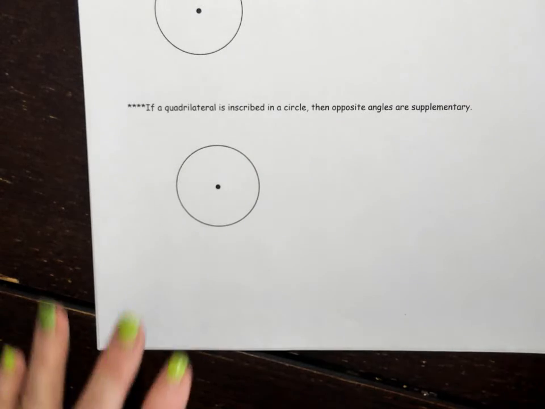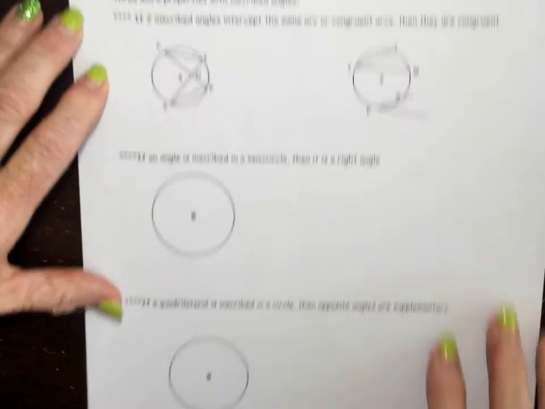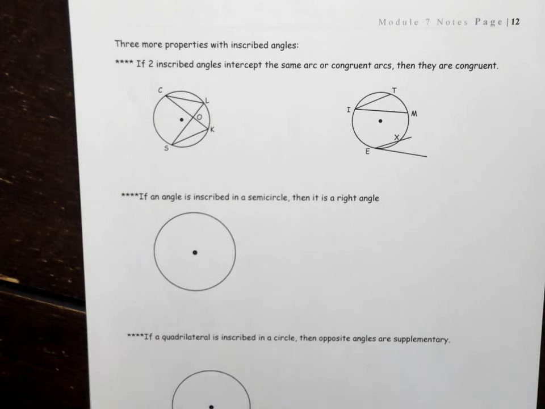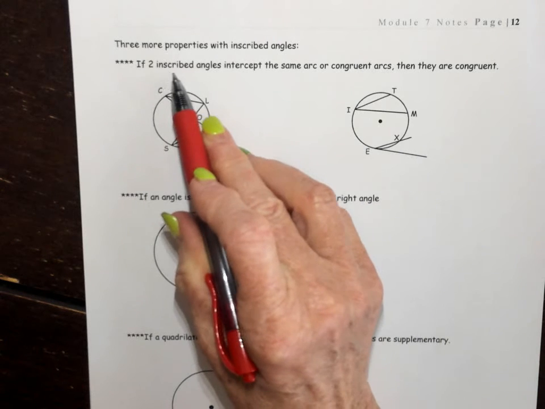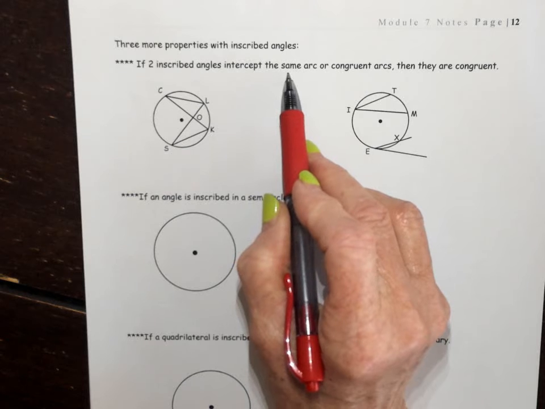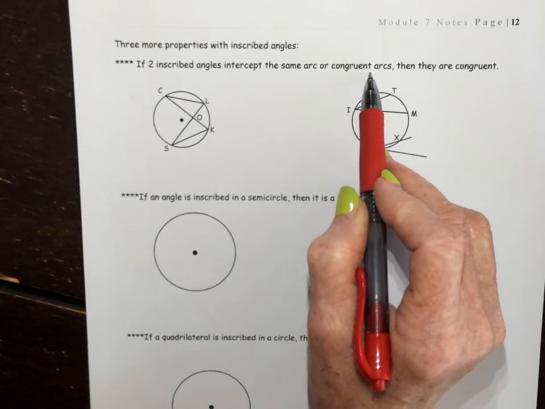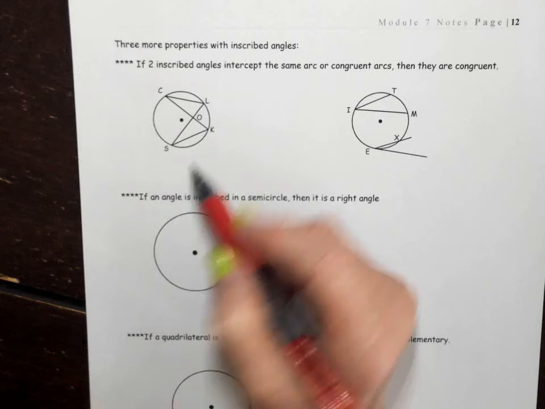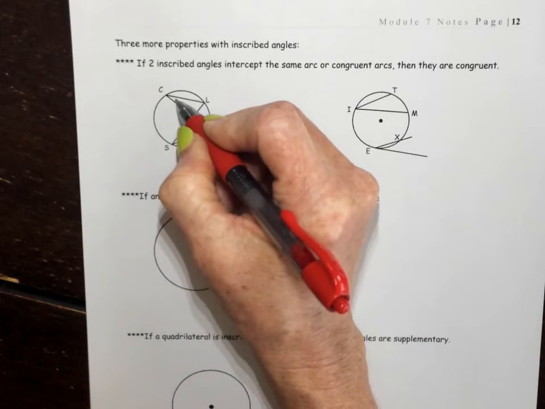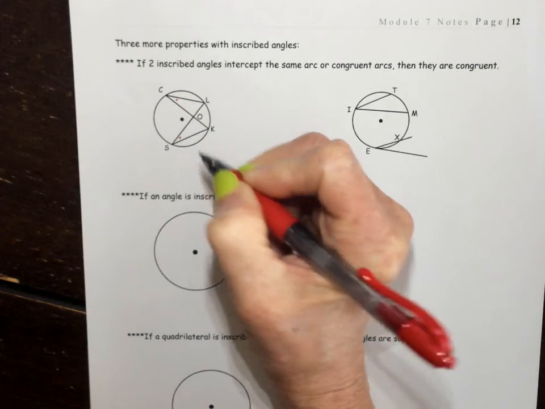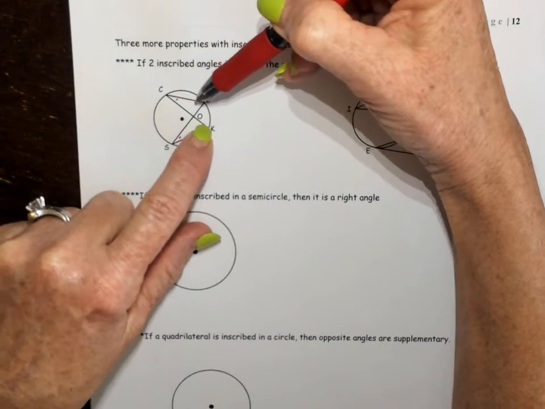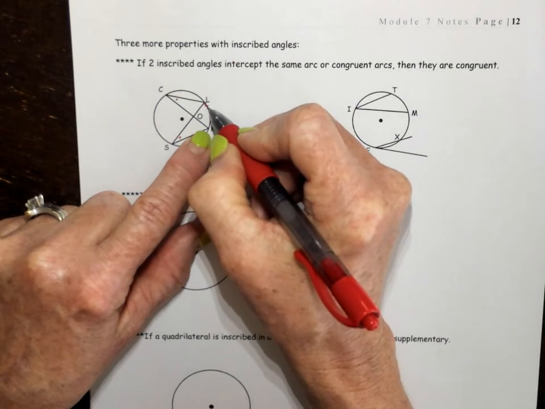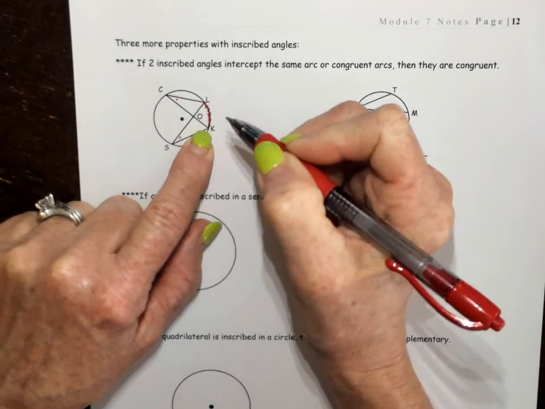Okay, going on to the next page. There are some more properties with inscribed angles. It says if two inscribed angles, remember that's vertex on the circle, intersect the same arc or congruent arcs, then they are congruent. So let's look at this angle C and this angle S. See how angle C, the sides intercept arc LK?